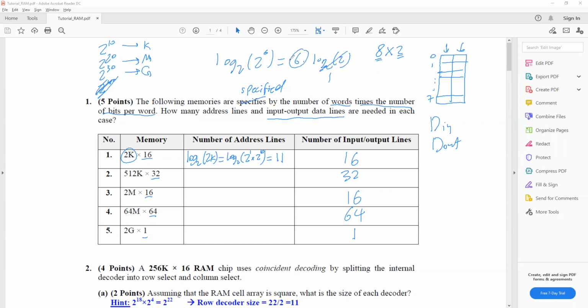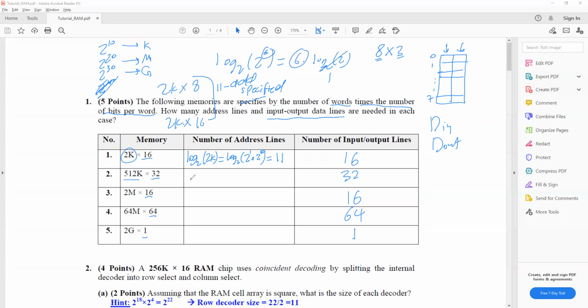So what you're really doing is just taking the exponent and plug it in. If I need 11 bits to address a 2K memory, regardless of how many bits per memory it is, فإذا كان 2K by 8 أو 2K by 16, at the end you need 11 address bits. تمام؟ لازم تفرقوا بين how many words in your memory and how many bits per word.